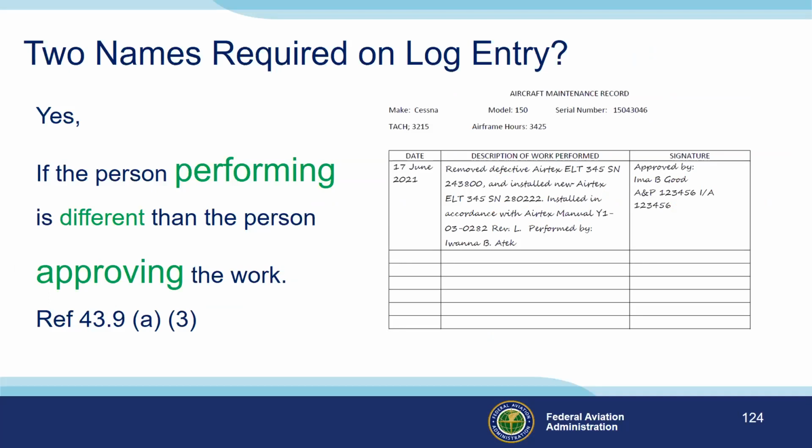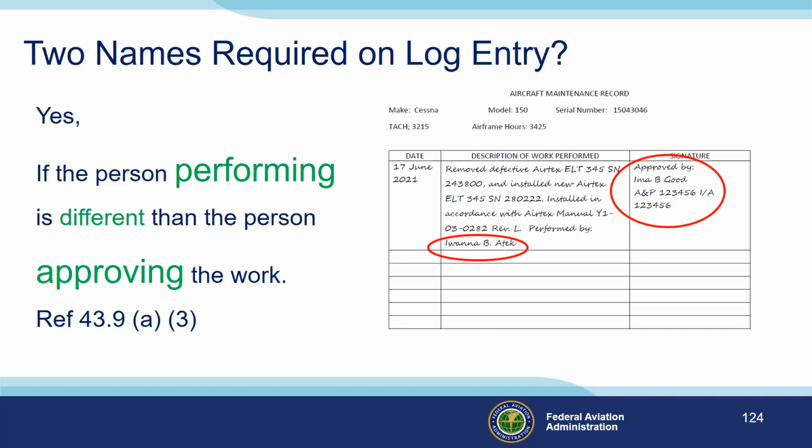Sometimes 2 names are required on a log entry because you can have a person that performs the work and that can be a different person than the one that's approving the work. Here's an example of that. There's the regulation that covers it. And this was done, the person that performed it is named I Want to Be a Tech. And the person that approved it is I'm a Be Good.